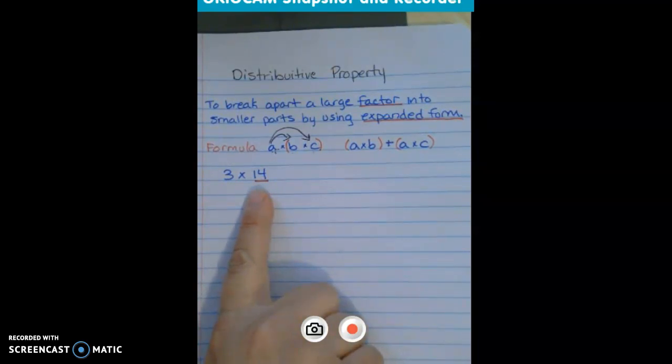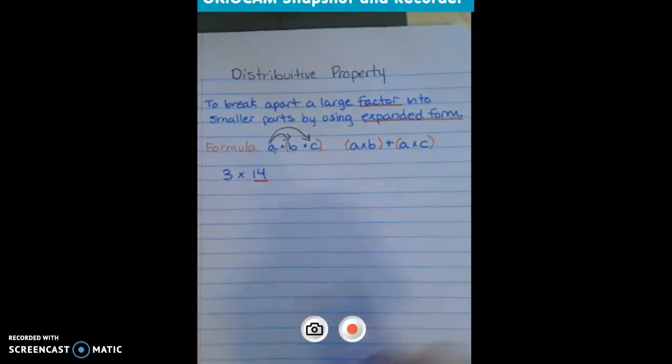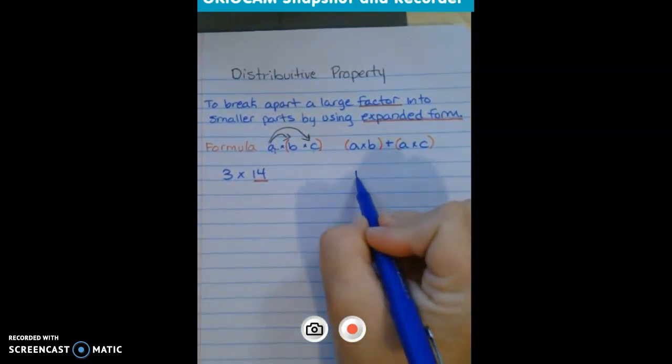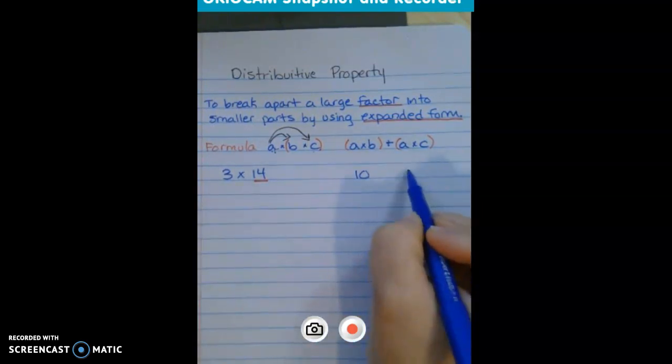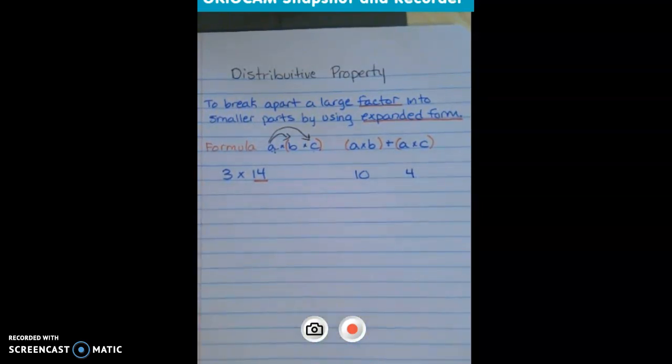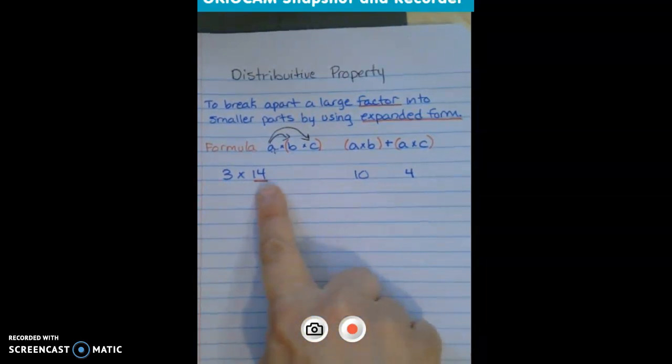So let's look at what that looks like. I'm going to first think, well, 14 can be broken up into a 10 and 4 ones. 14 has a group of 10 and 4 ones.